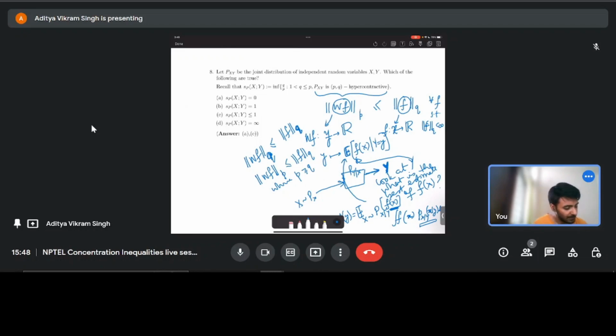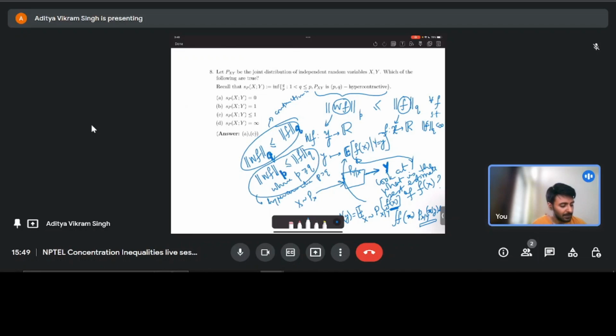This is the usual contractivity, and this is hypercontractivity when p is strictly greater than q. The qth norm being less than the qth norm is okay, but the pth norm is generally bigger.